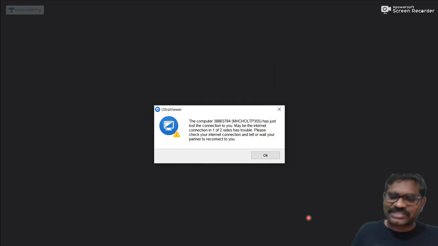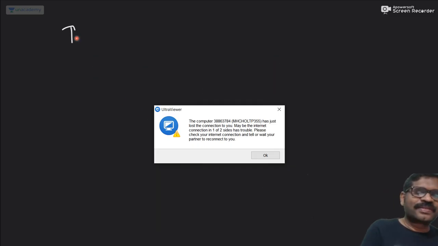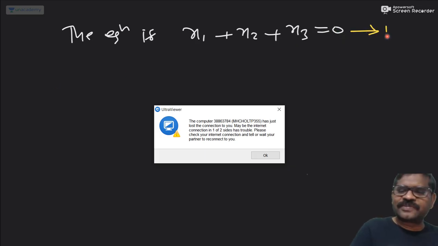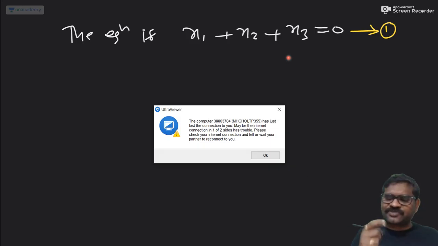First, the equation is X1 plus X2 plus X3 equal to 0, call it 1. You have to take two variables as free variables.